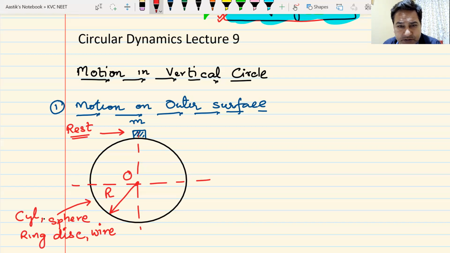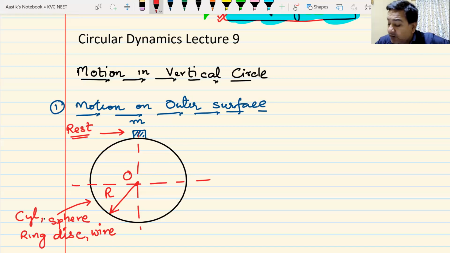What happens to this body, which is kept at rest on the top of this cylinder or sphere or disc or wire? What will happen?